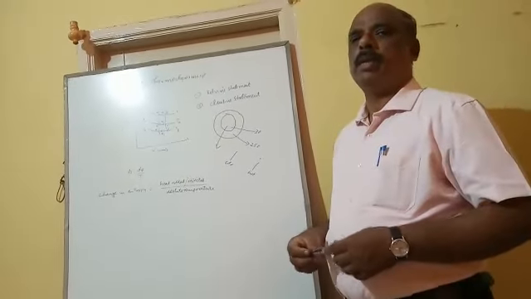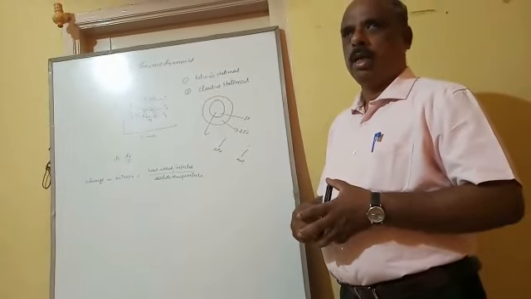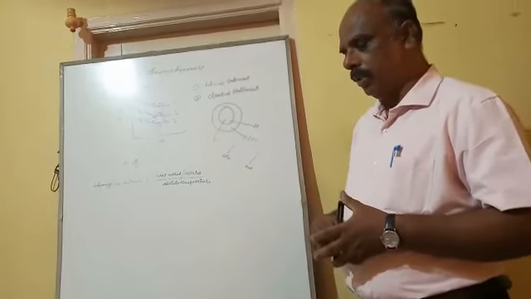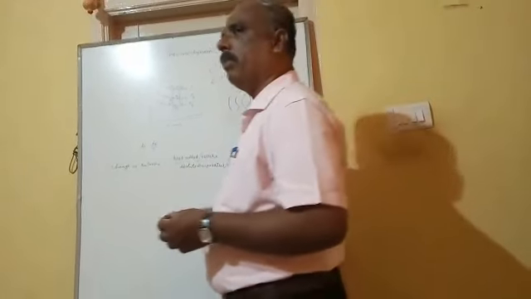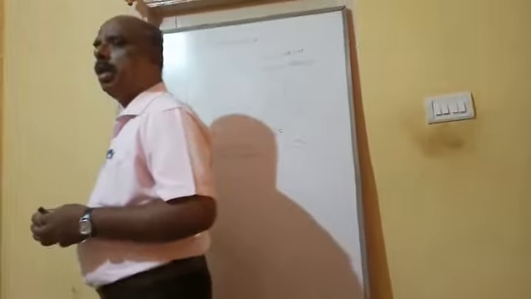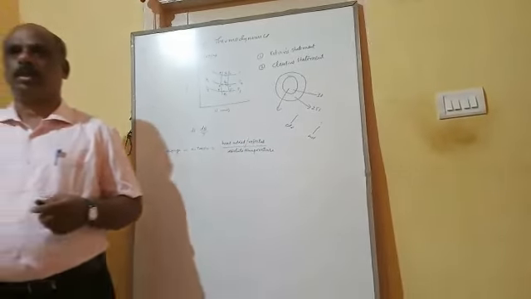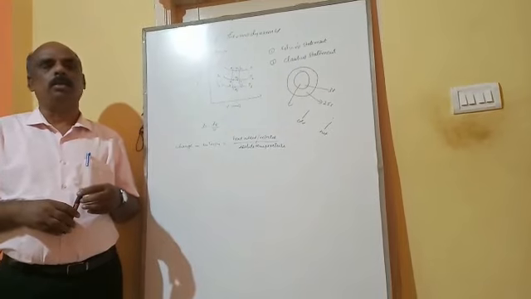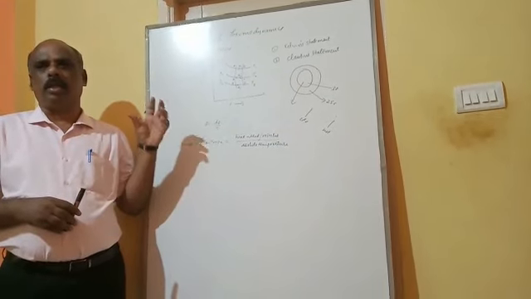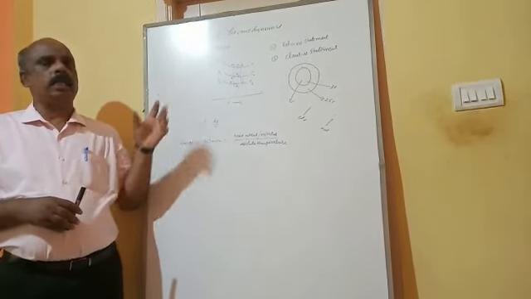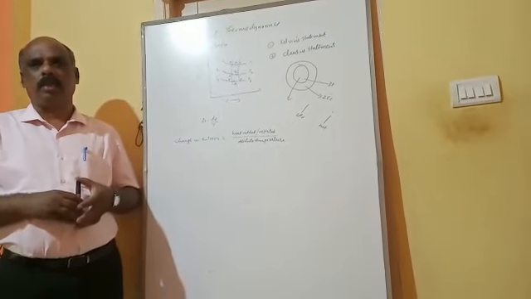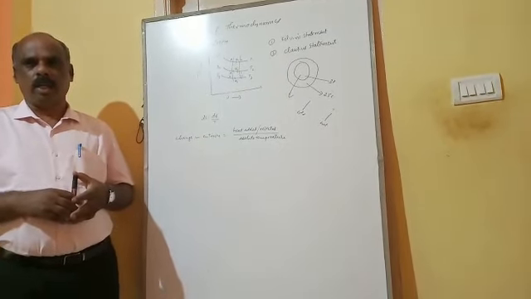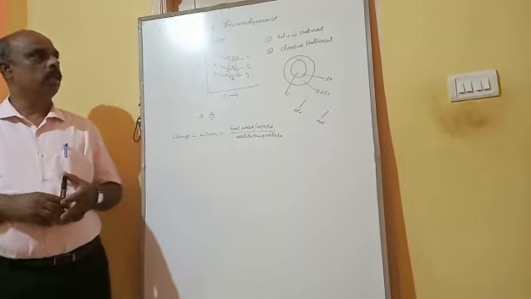See, in the beginning of the thermodynamics syllabus, I explained very clearly the concept of the first law of thermodynamics and its applications. So what does the first law of thermodynamics tell you, what is its drawback, and why did the second law of thermodynamics come into existence? That we will discuss.